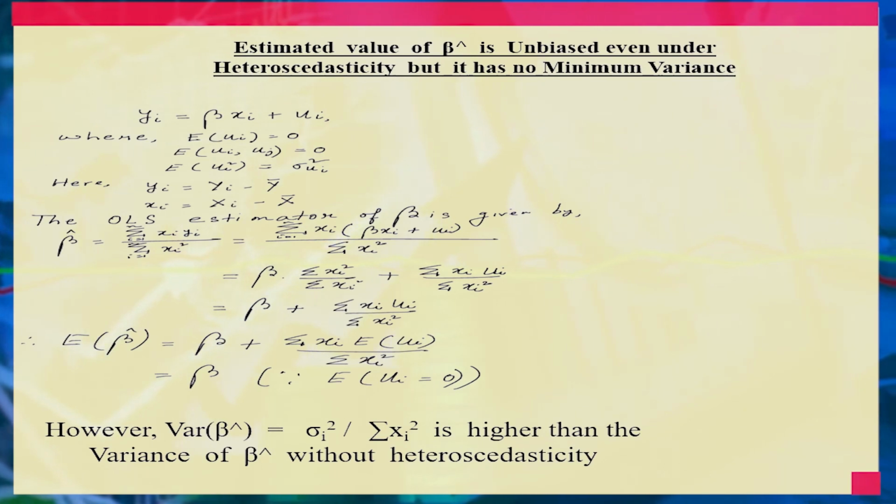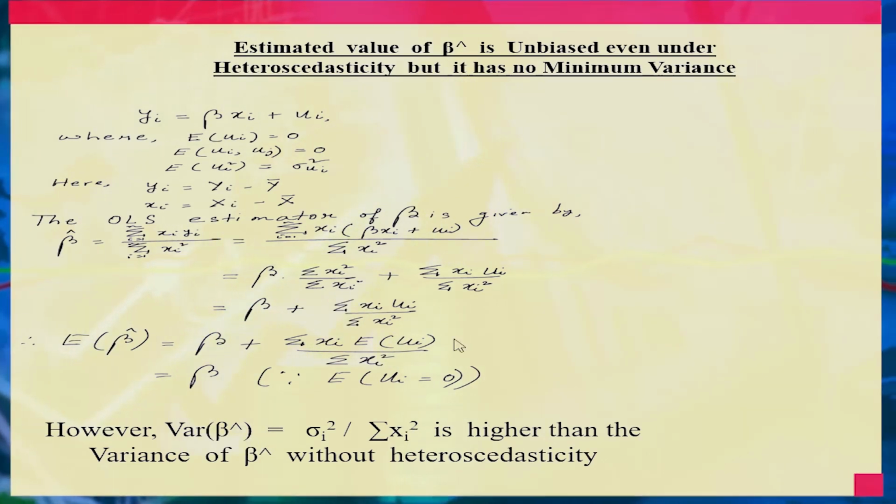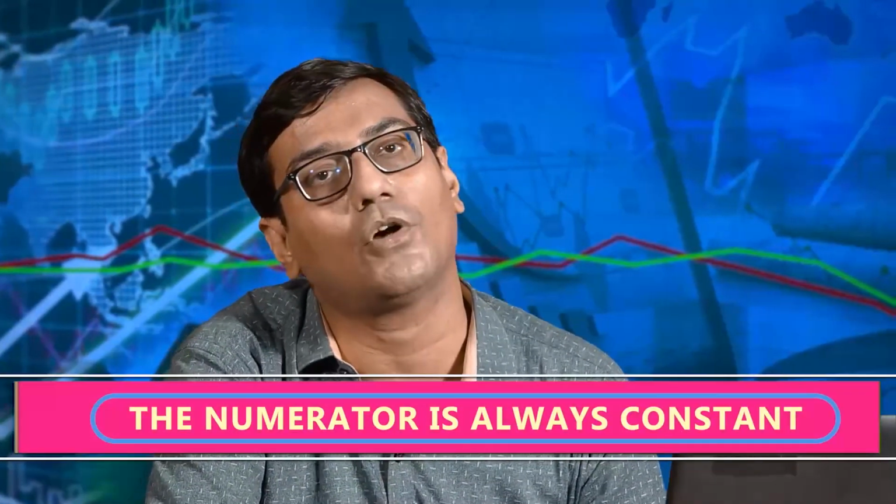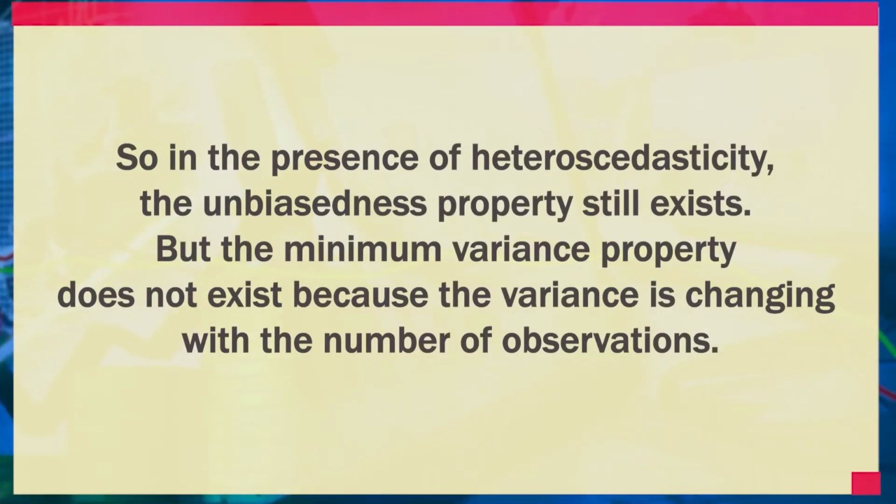So as the number of observations changes, sigma i square will change. Under homoscedasticity, it was only sigma square by summation of xi square, which means the numerator is always constant. Since the variance is changing, it exceeds the variance of beta hat under homoscedasticity, so the best property is not retained. So in the presence of heteroscedasticity, the unbiasedness property still exists, but the minimum variance property does not, because the variance is changing with the number of observations.